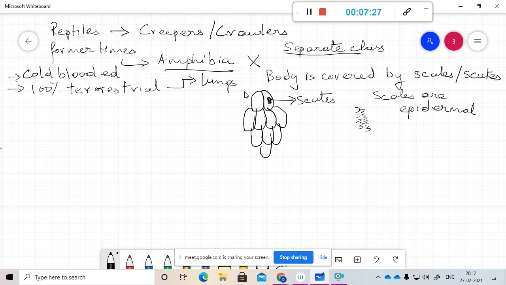Then, like amphibians, they have two pairs of pentadactyl limbs. They are absent in snakes.